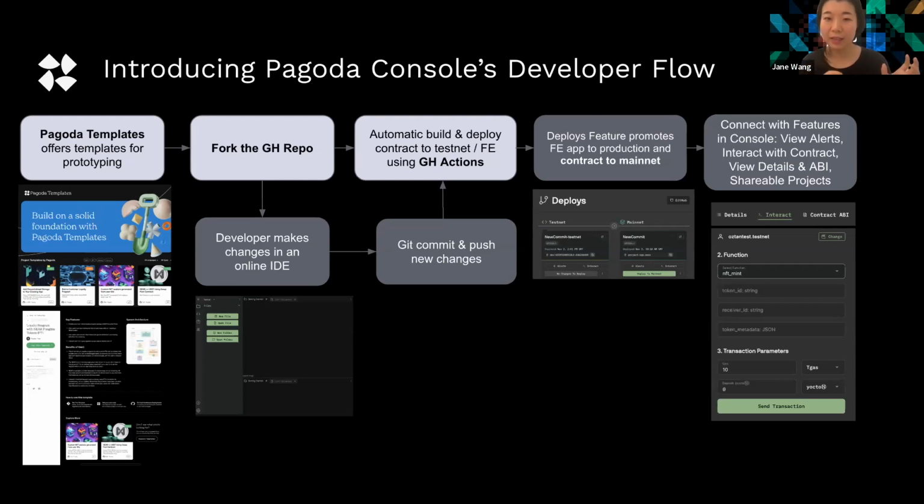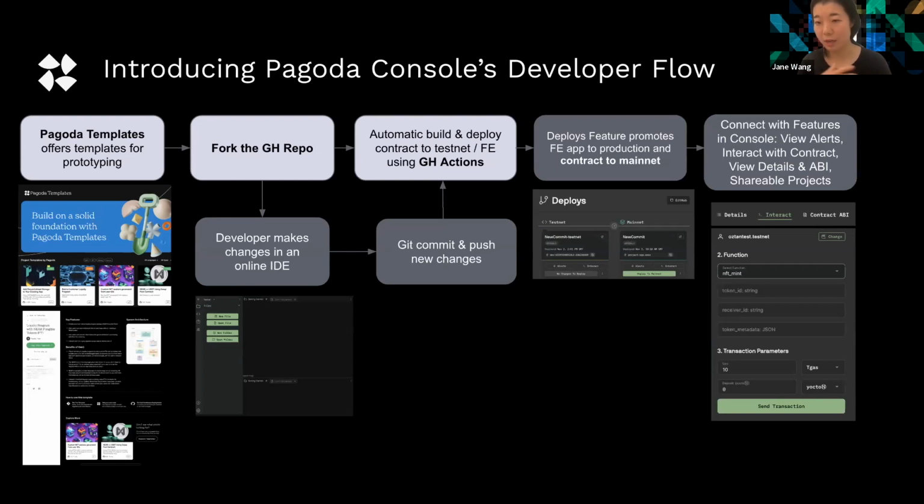Then you are now inside the Pagoda Console, and I will show the demo after we go over the flow. Once you're in the console, you can see that the testnet contract has been deployed and view the front-end application. In the deploy, you can also promote the DApp from a staging environment to the production environment, and a contract deployed from testnet to mainnet.